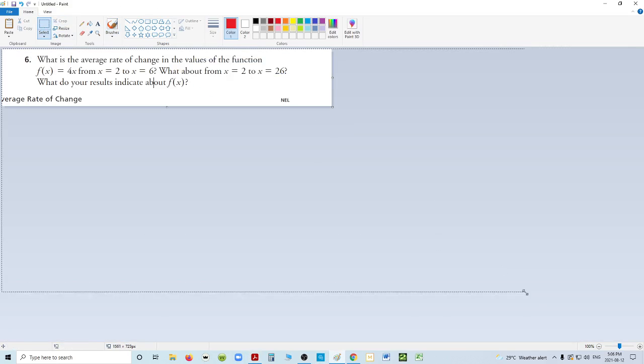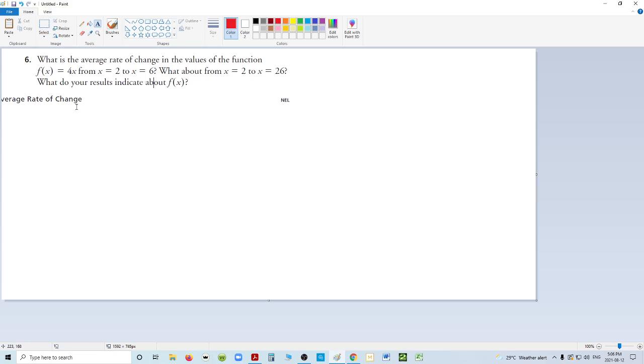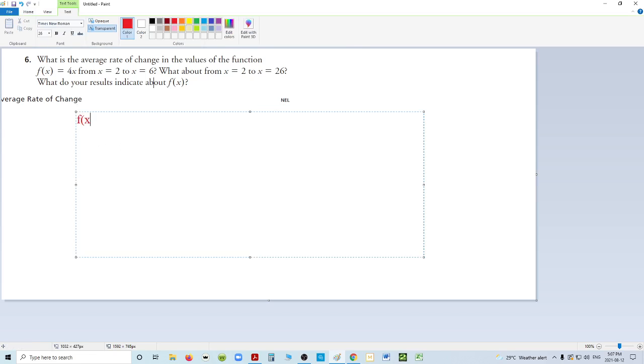So for the first one, we're dealing with f of x is equal to 4x. So when x is 2, 4 times 2, y is equal to 8. When x is 6, 4 times 6 is equal to 24, which is equal to y.